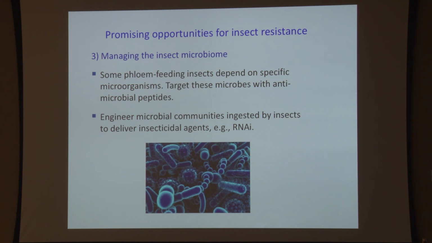So either target the microbes directly with antimicrobial peptides, for example, by sprays in the field, or actually engineer microbial communities that are ingested by insects to deliver insecticidal genes, such as RNAi. So actually, topics that I had never considered before, but it makes sense that microbes affect the insect-plant interaction just like everything else in the biosphere.